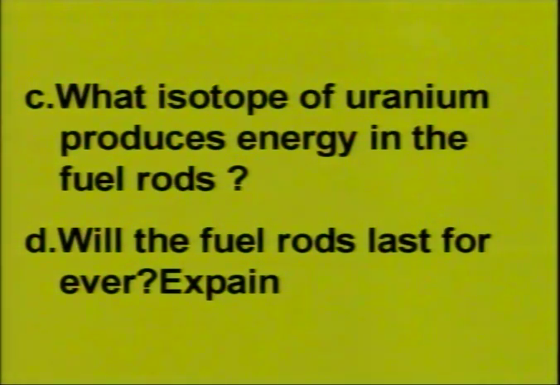C would be, what isotope of uranium produces energy in the fuel rods? And D will be, will the fuel rods last forever? You have to explain that.